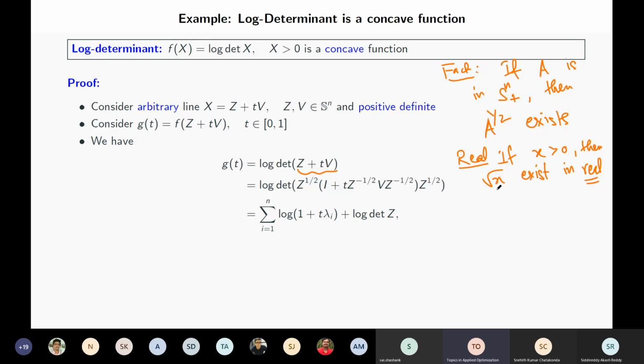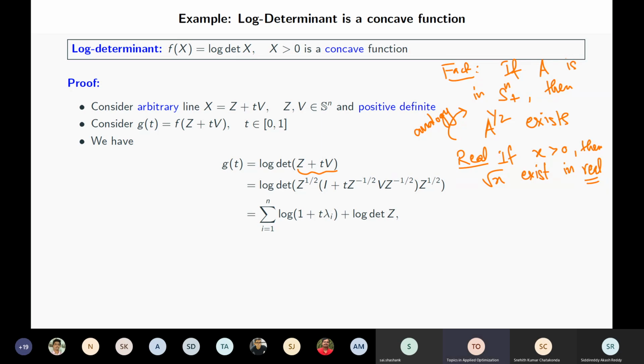It will become a complex number. So we say it doesn't exist in the reals because it's complex; you need another number system for that. And here the same analogy holds. For matrices, you need symmetric and positive definiteness, and then you can take a square root of that.